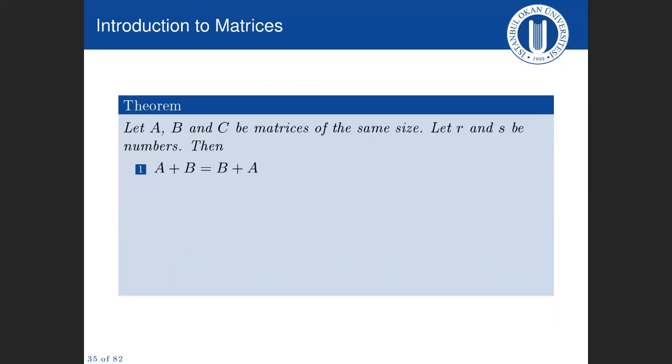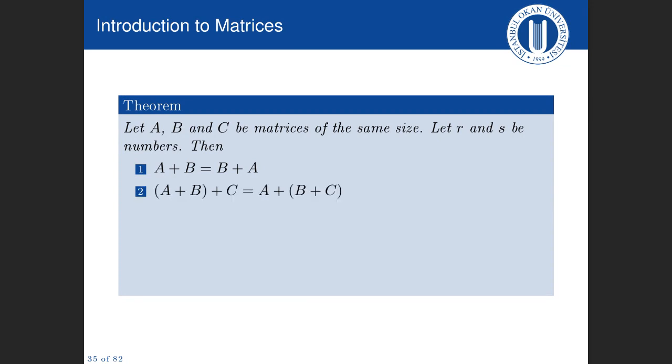Very quickly, let me talk about some of the rules of adding, subtracting, or multiplying matrices by constants. If we have 3 matrices of the same size, and 2 numbers, then A plus B is equal to B plus A, because we're just adding the entries together, and when adding numbers it doesn't matter which order we add them in.